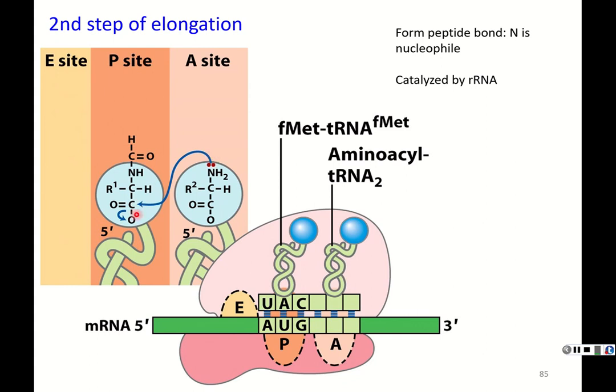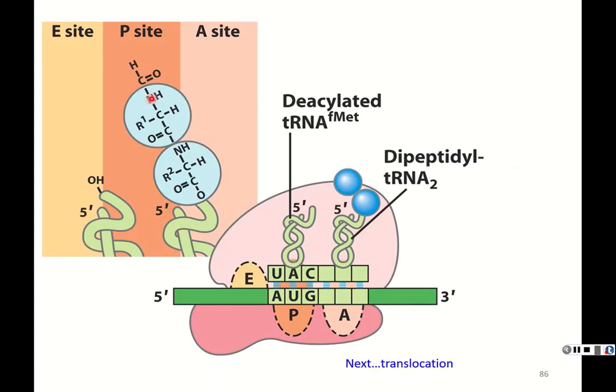So you get nucleophilic attack, and that's how you form that peptide bond. And by doing that, you're breaking the interaction between the 3' hydroxyl and this amino acid of the tRNA in the P site. Right, so you do that and you get this sort of a picture where you have 2 amino acids now, and it's sort of sticking into the P site.